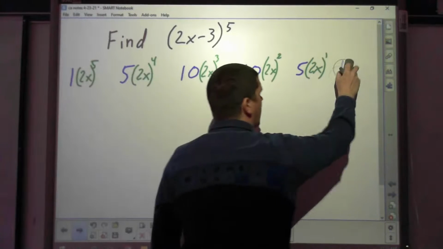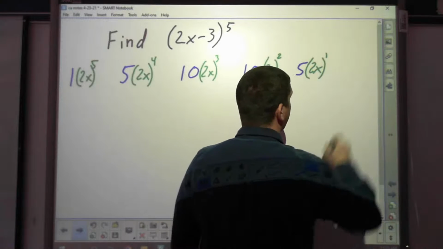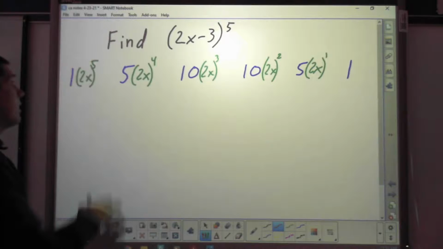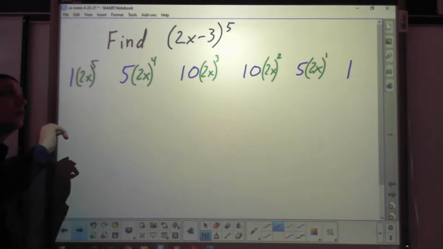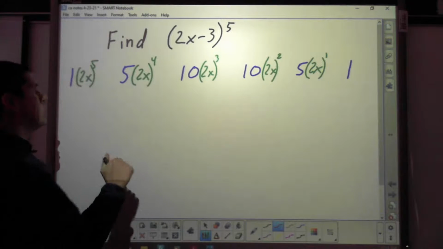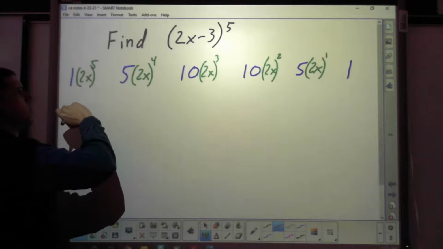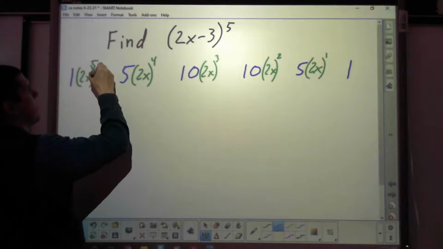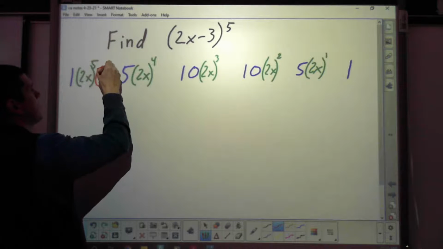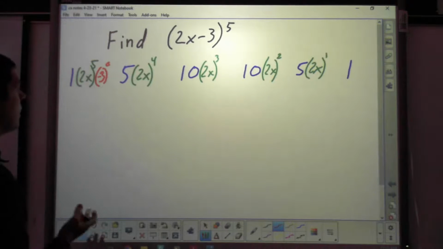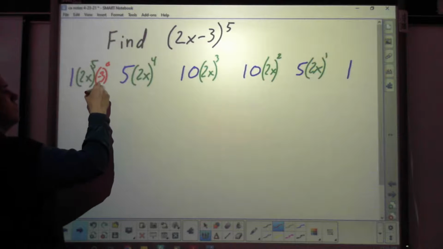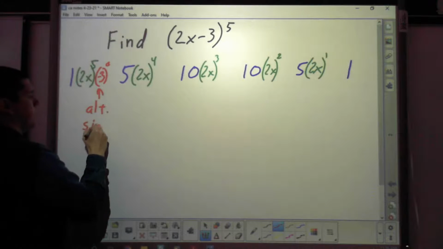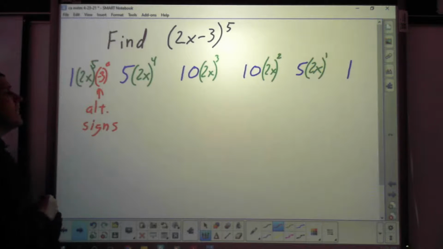That one's going to need to move down a little bit. Then again, I won't have anything here. Now, I'm going to write this down in the first one here just to remind us. But this is -3 to the 0 power. If I remember, oh, this means alternating signs. I see there's a negative there.